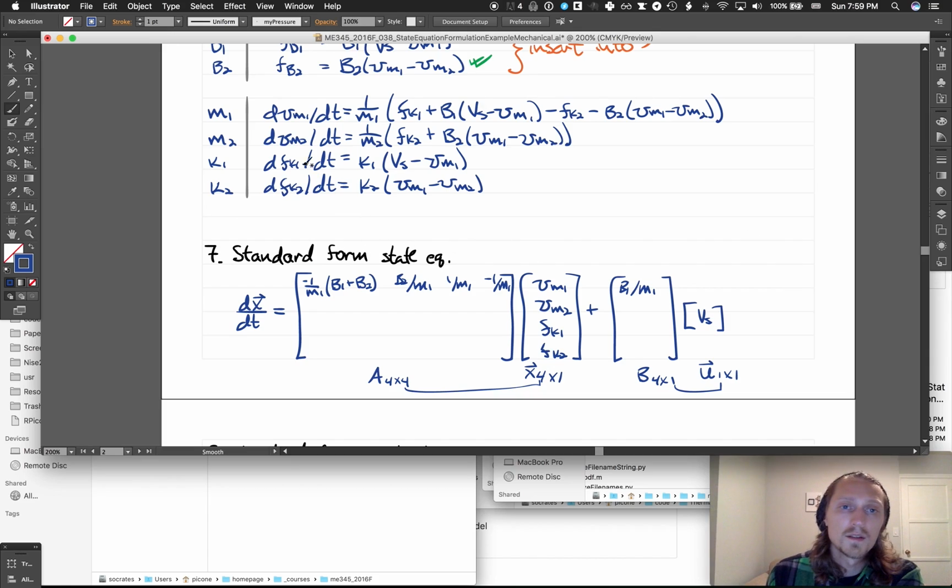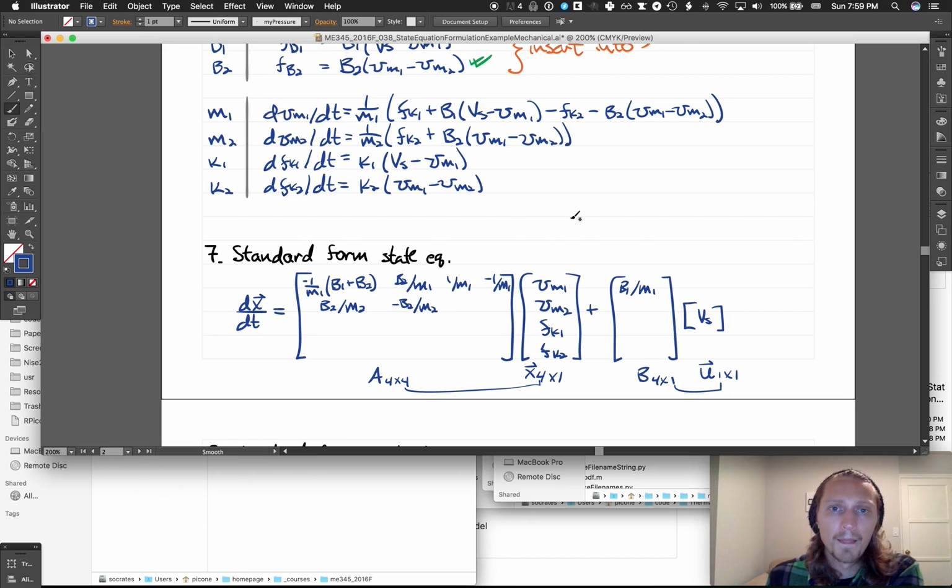Now, the second equation. The first one was the longest, so the rest of them should be a little bit better. Do we have a vm1 here? We do, vm1. So b2 over m2 is the coefficient. And the coefficient of vm2 is negative b2 over m2.